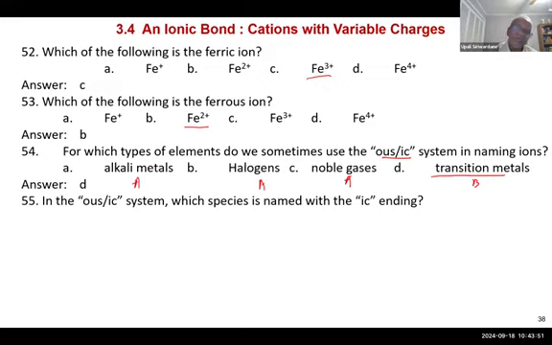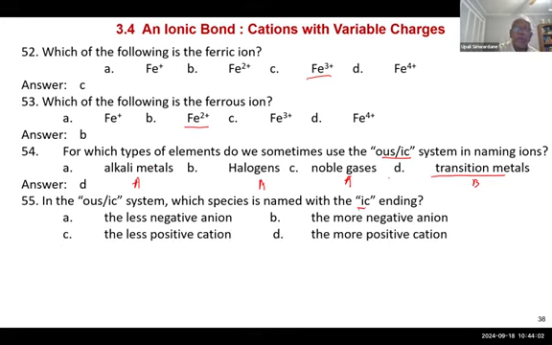In the stock system, which species has the ic ending? Do you see that? We are talking about positive charge on the cation. Ic means more positive.